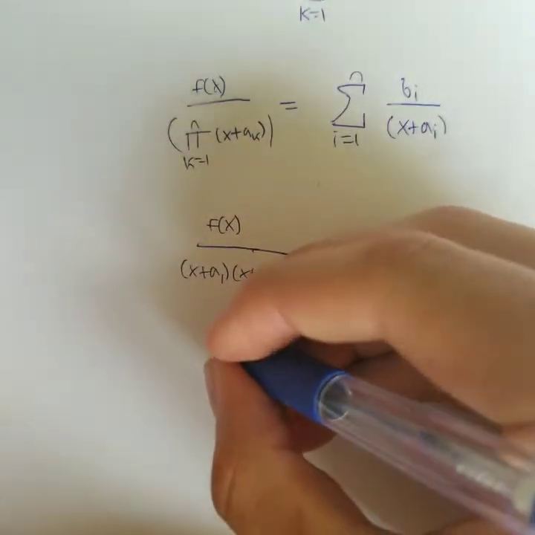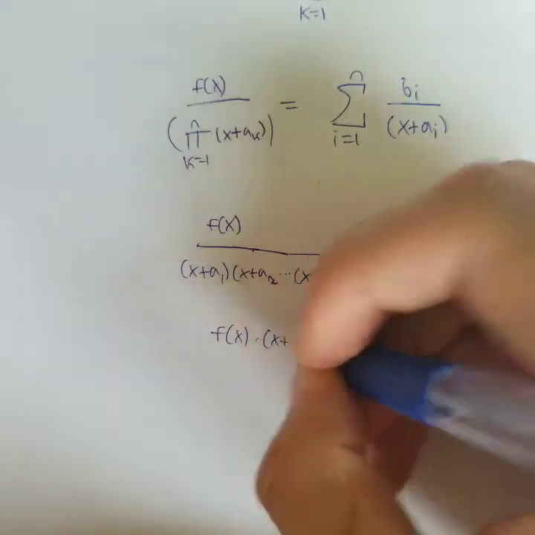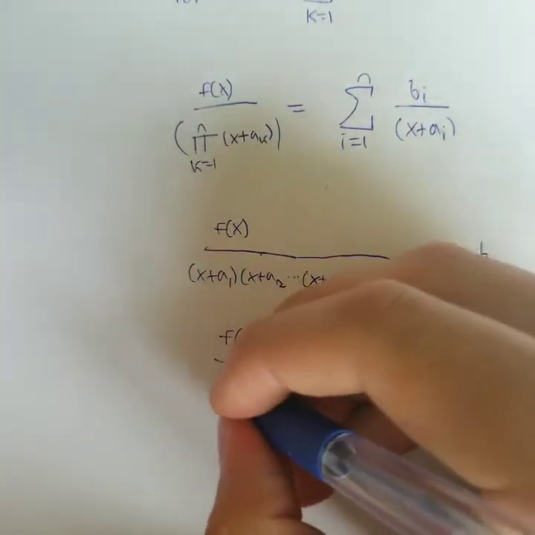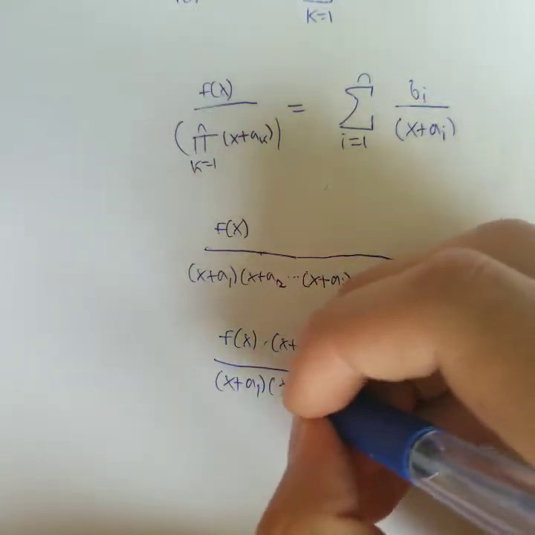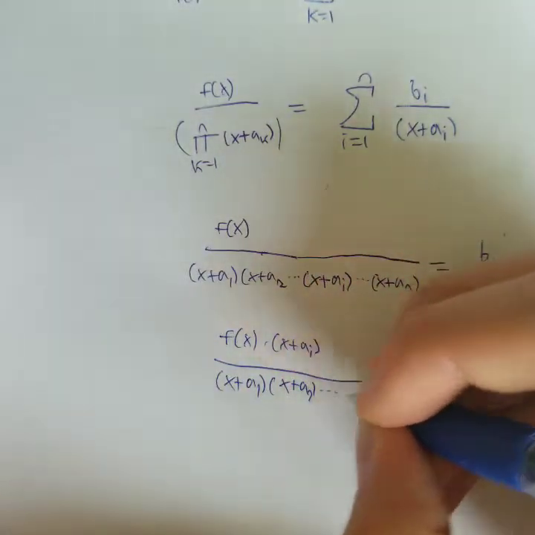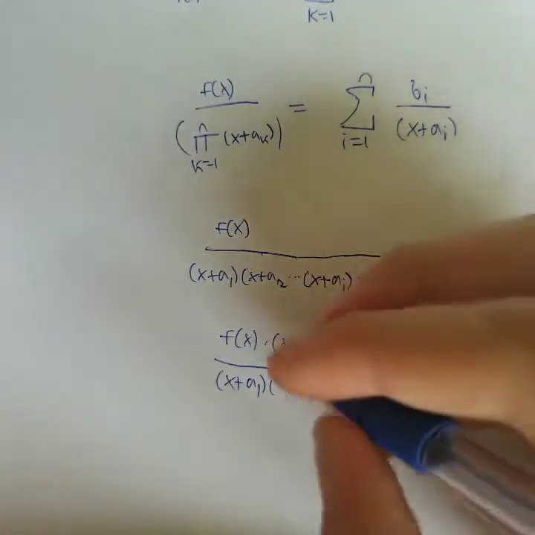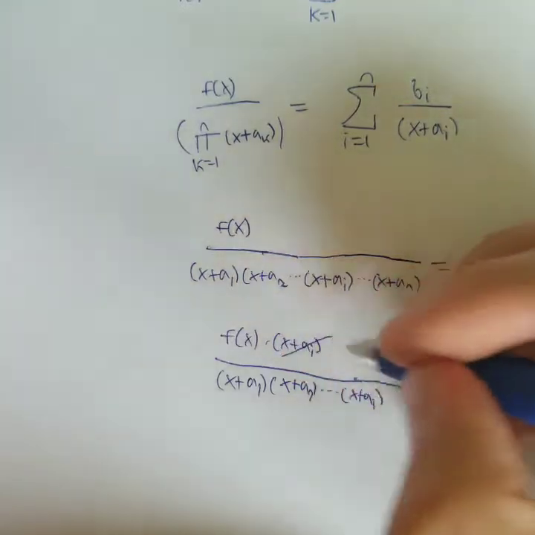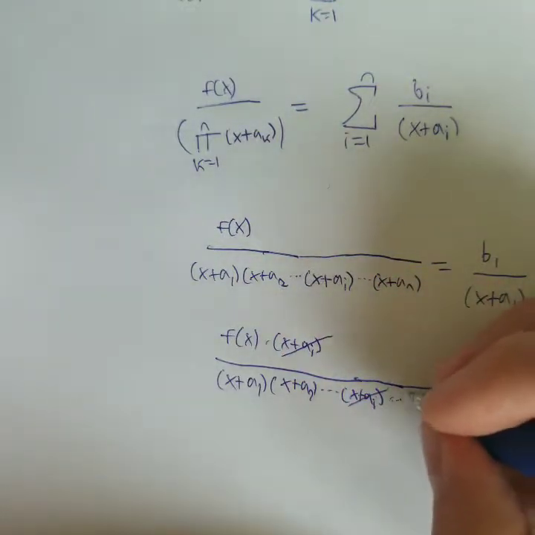Then you acquire f of x times x plus a i over x plus a1, x plus a2, x plus a i. Now these terms cancel out, all the way up to x plus a n.